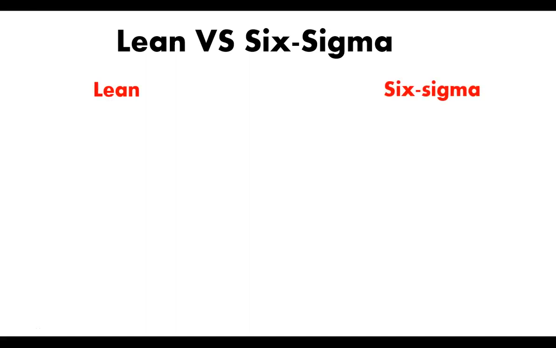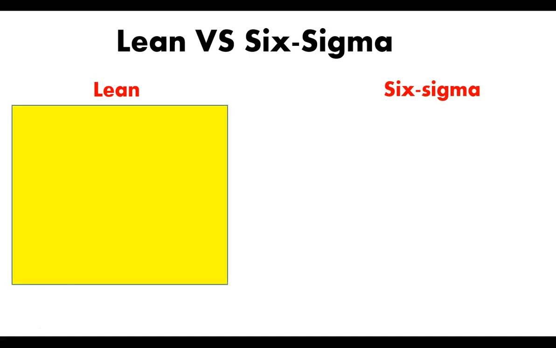So if we were to compare Lean and compare Six Sigma, we could kind of say where each one of those tend to move towards, where they tend to gravitate. If we look at Lean, Lean you will see tends to be focused more on efficiency, being able to take a lot of the waste out of a process, being able to get a process to where it's not doing a whole lot of unnecessary movement. There's also an element of speed involved in Lean.